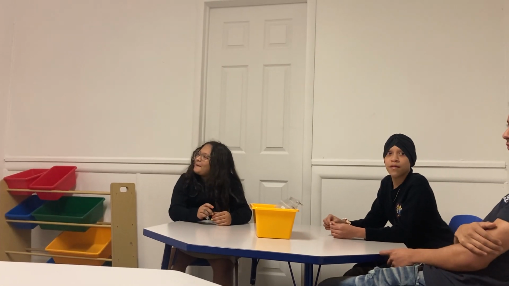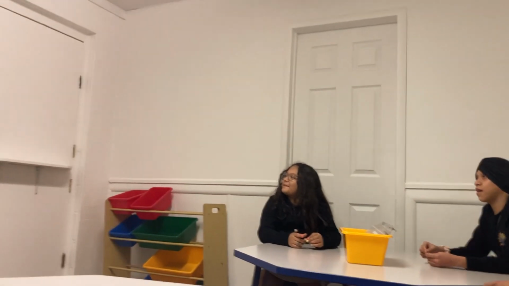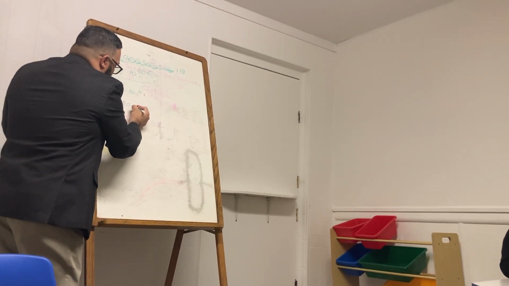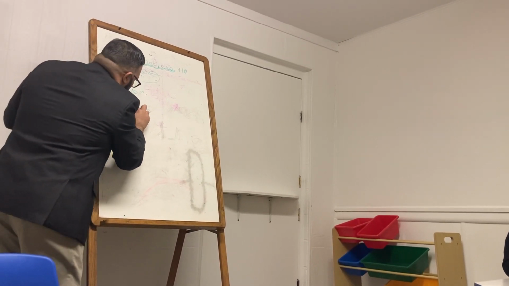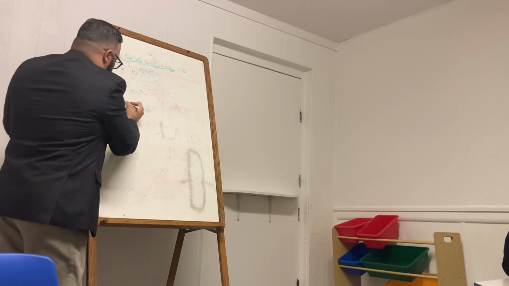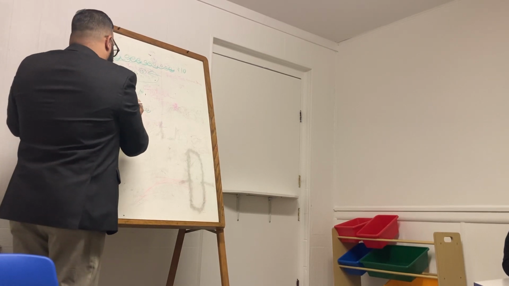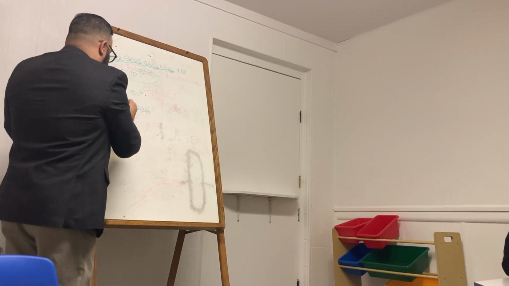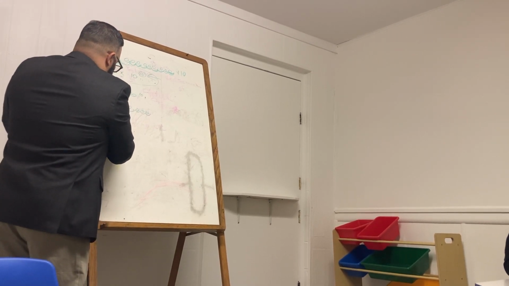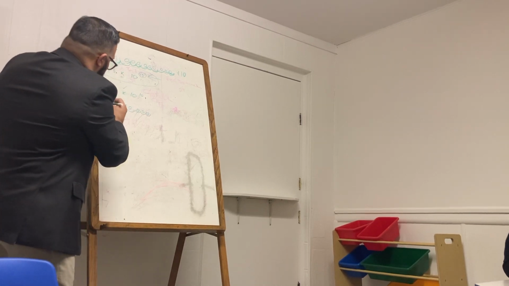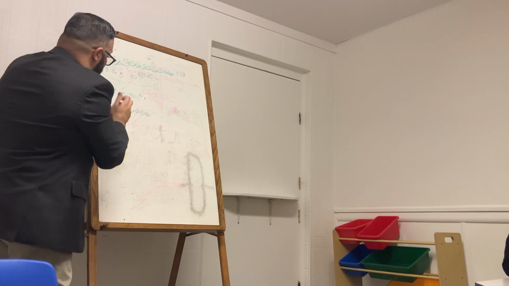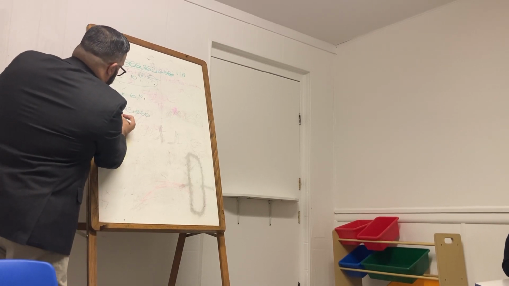To the left. How many times? Count with me. 1, 2, 3, 4, 5, 6. 6. So the way we're going to express this is we're going to put 3.55.